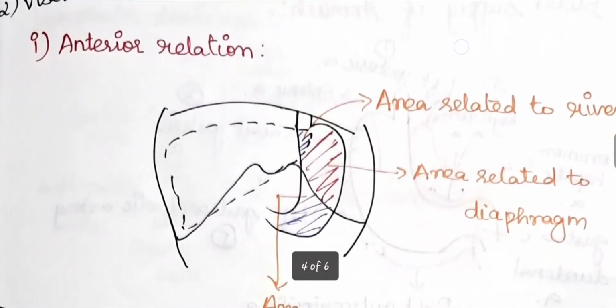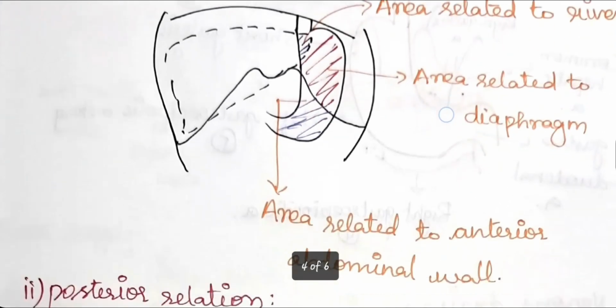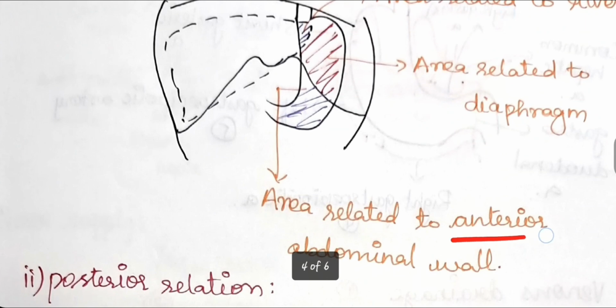Coming to the visceral relations, anteriorly the stomach is related to the liver, the diaphragm, and the anterior abdominal wall. So the anterior visceral relations of the stomach are three organs.